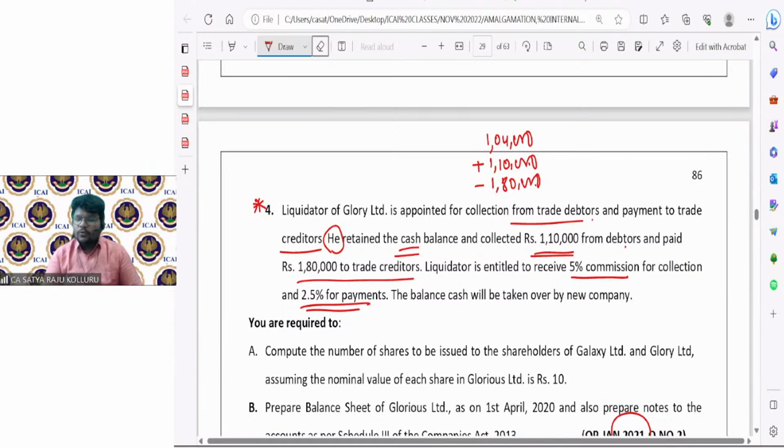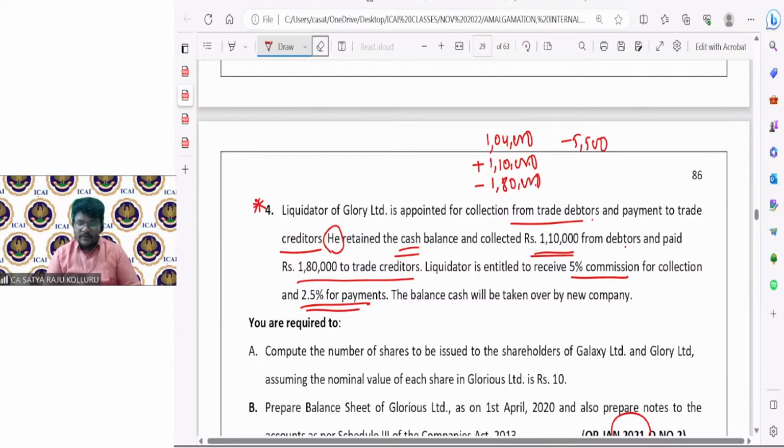Now, after doing all such things, he will also reduce his commission. Liquidator is entitled to receive 5% commission for collection and 2.5% for payments. On collection, 1,10,000 into 5% is 5,500. On collection, his commission is 5,500.